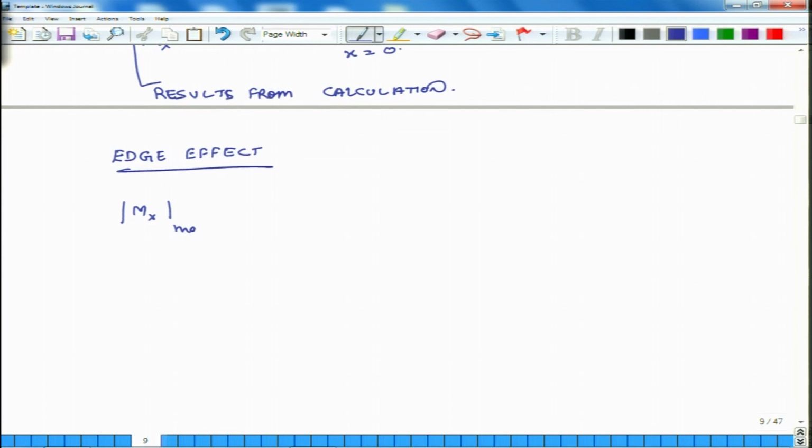Suppose its maximum value is mx max on the edge; this magnitude reduces as the number of terms in the solution goes up.